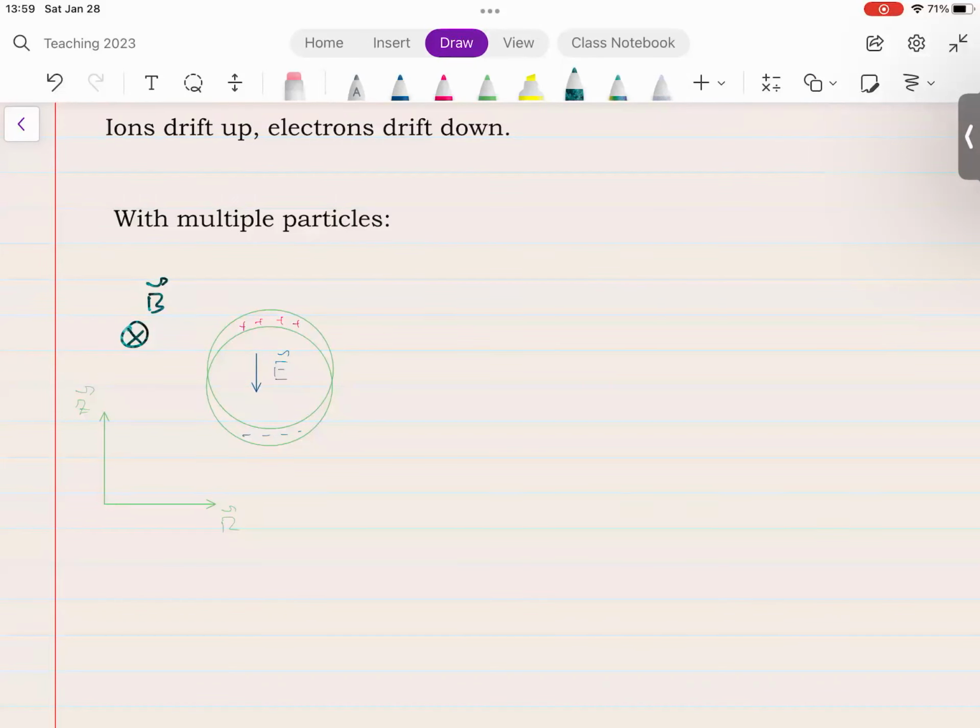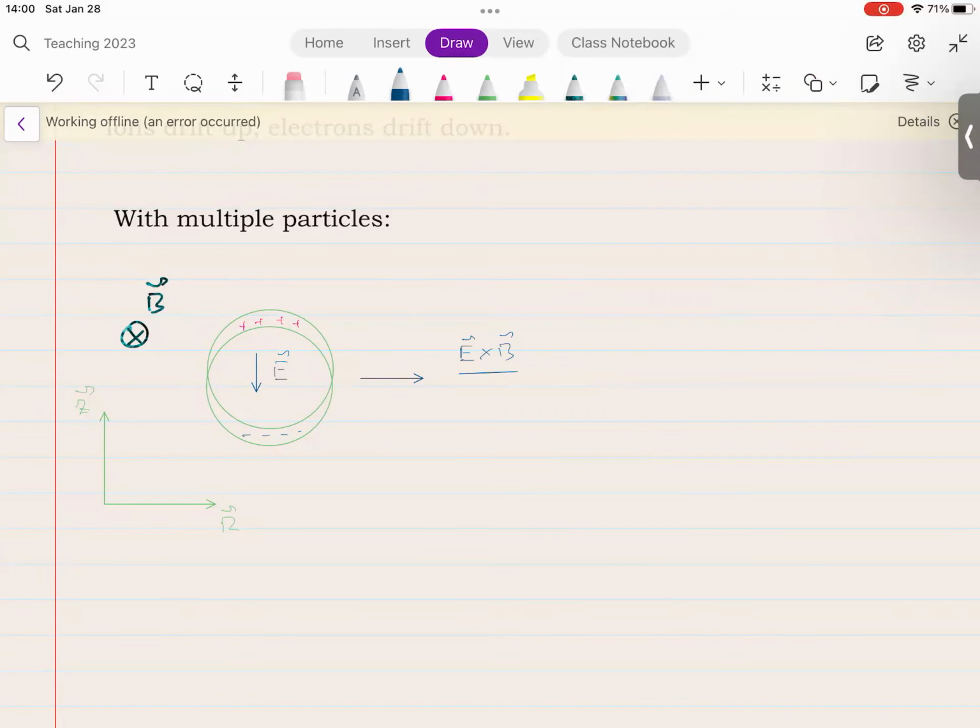You see that the electric field and magnetic field are not parallel. And therefore, if I take the cross product, I'm going to get a vector that's not zero. And that actually goes in this direction. And you remember what that does? An electric field and magnetic field that are not aligned are going to give me the E cross B drift.